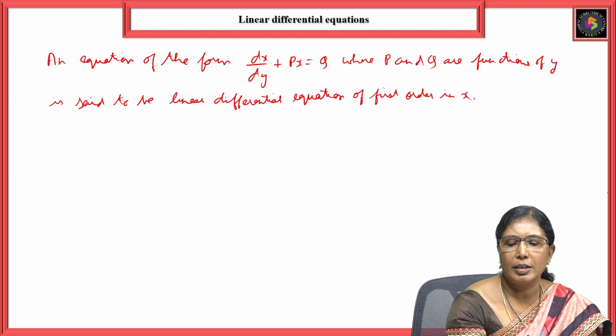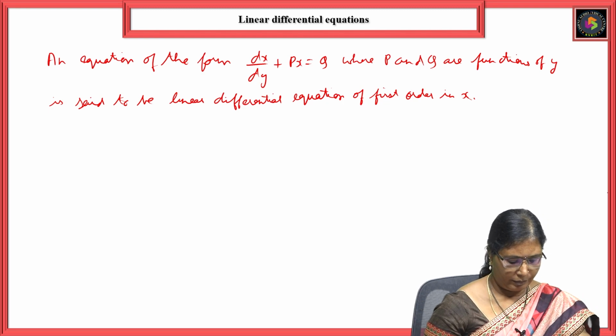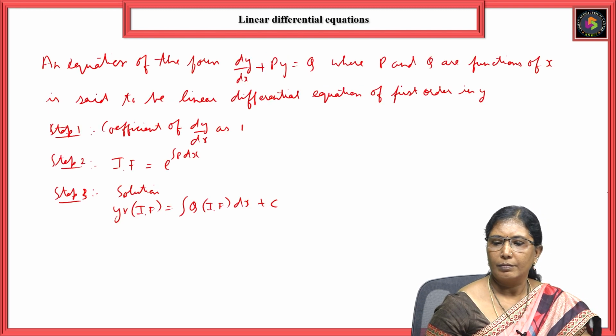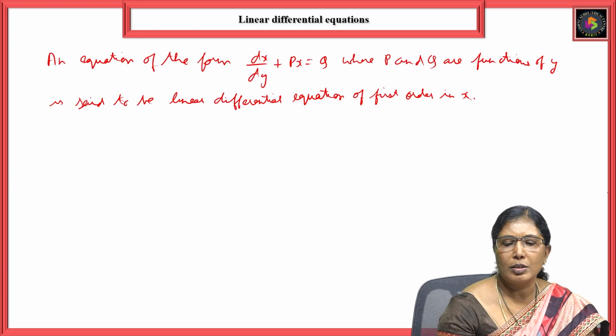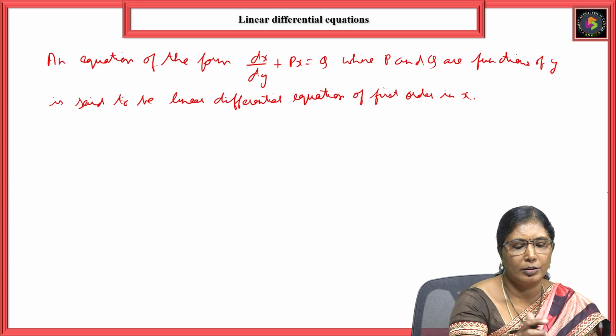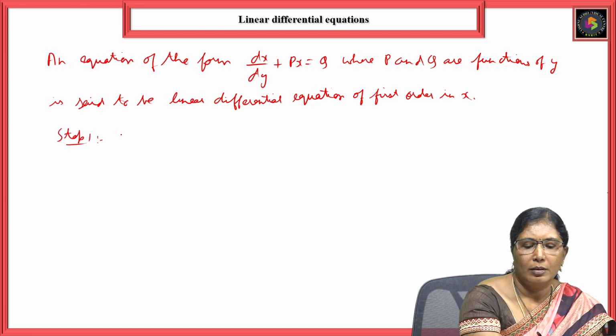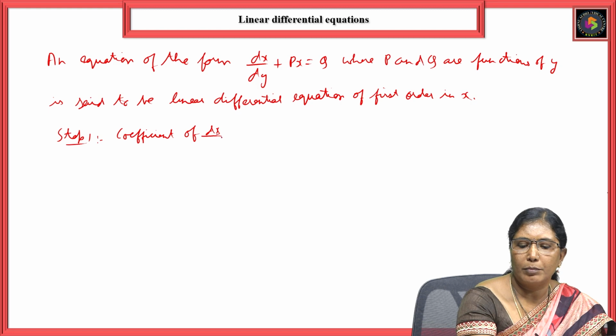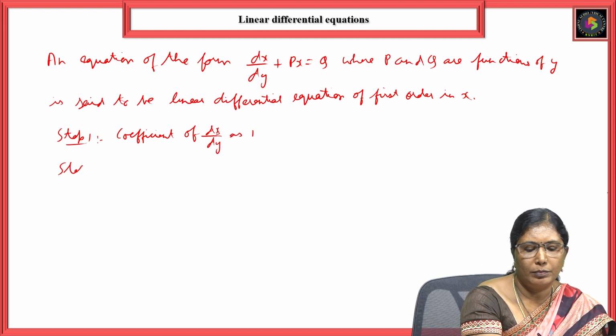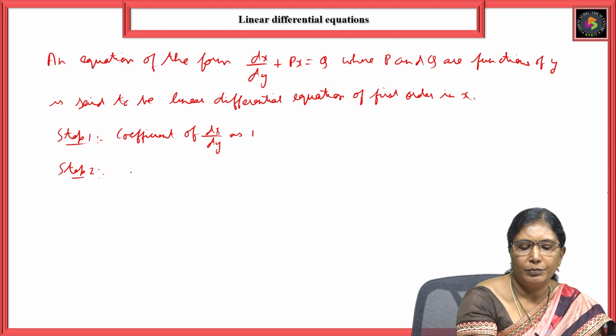To solve this linear differential equation, you have to follow these steps. Step 1, we should make the coefficient of dx by dy as 1. Step 2, you should find the integrating factor as e to power integration p dy.